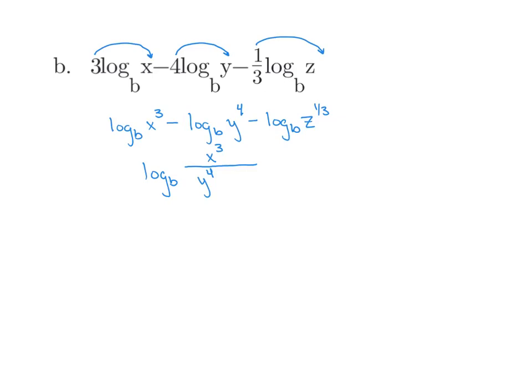That means z to the 1/3 will also go on bottom. And then to write with radicals or roots, remember that the denominator becomes the index, or what kind of root it is. So this is going to be log base b of x cubed over y to the fourth, and this becomes a cube root of z.